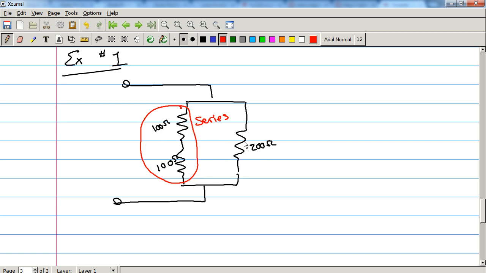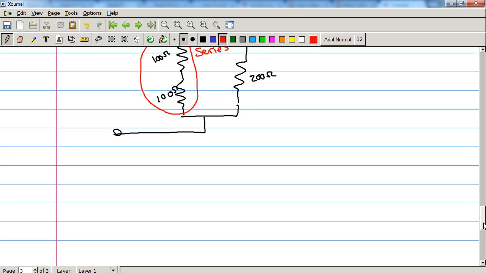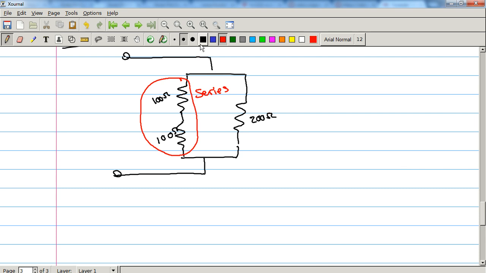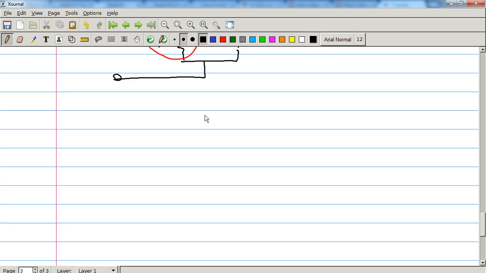Because what you want to do is have one in series with another, or one in parallel with another, not two in parallel with one, or one in series with two. You want to reduce it down so that you have one with one, because that's how this technique works. So I'm going to then draw this down here.